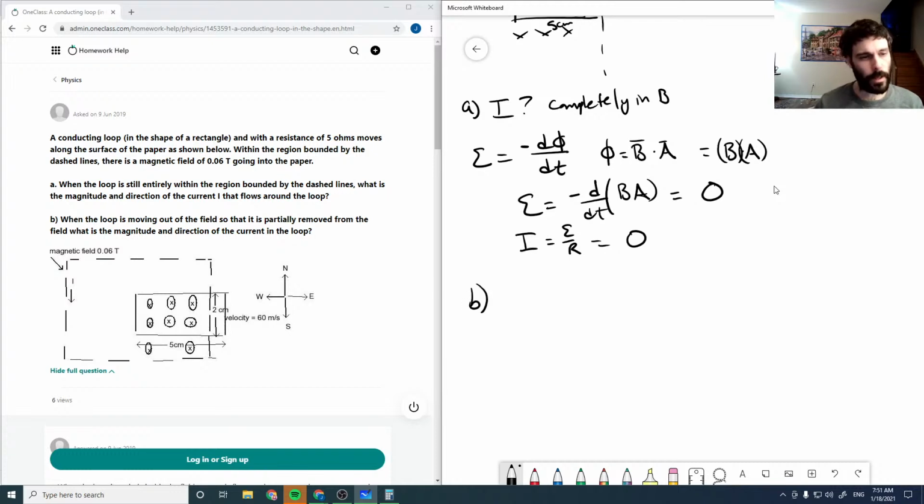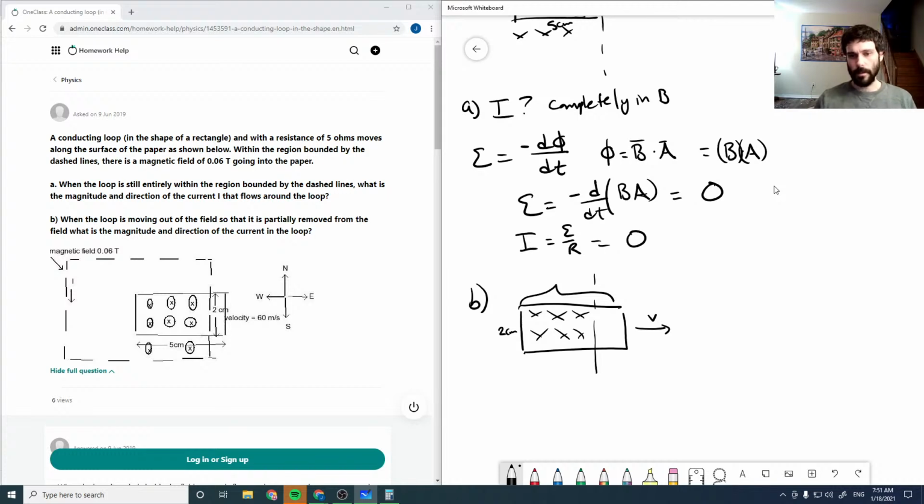And then, so for B, when it's moving out of the field, so now we've got our B field, and we're moving out of the field with velocity V. This is 2 centimeters. And now all that matters is the area that's within the field, which is going to be our full length minus our velocity times time.